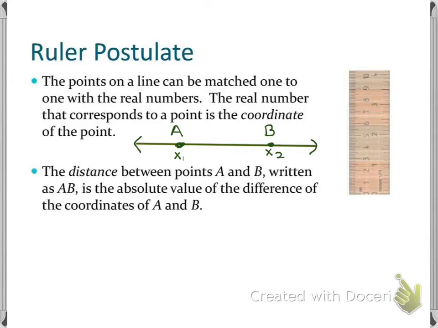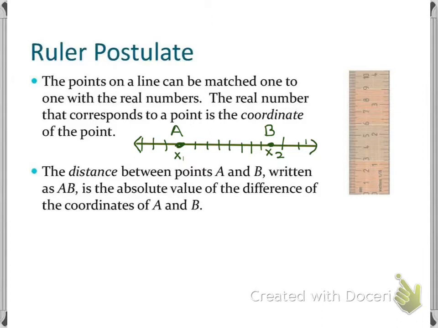And just imagine two numbers there, whatever they are, 1 and 2, 5 and 7, whatever it may be. So I would use those coordinates to label it. And even if it was a number line, like you've seen in other math classes, I could give some value to it. And that's what the ruler postulate lets us do.